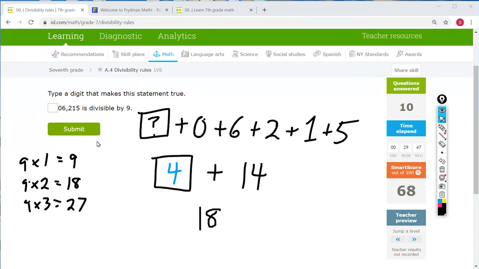So I know that if I put a 4 in here, then the number 406,215 must be divisible by 9. Okay, and again, we can check that by doing this number divided by 9, and you'll see that you get a whole number result. But I'm not going to bother doing that now.